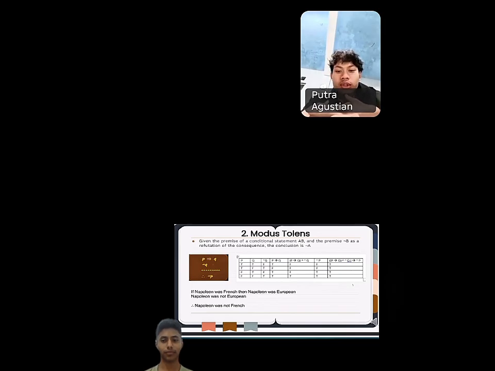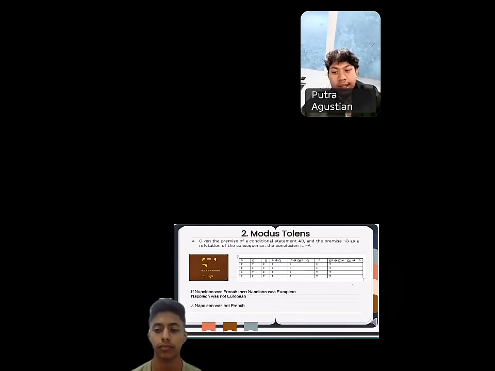Point 2 is modus tollens. What is modus tollens? By definition, modus tollens is a form of deductive logical reasoning used to deny the antecedent P by rejecting its consequence Q. It means that if a consequence does not occur, then the antecedent that causes it also does not occur.